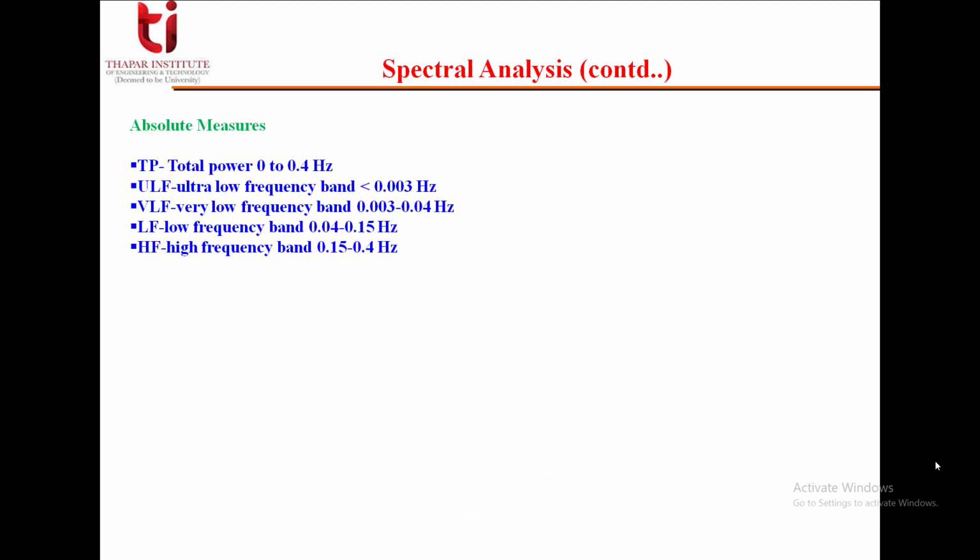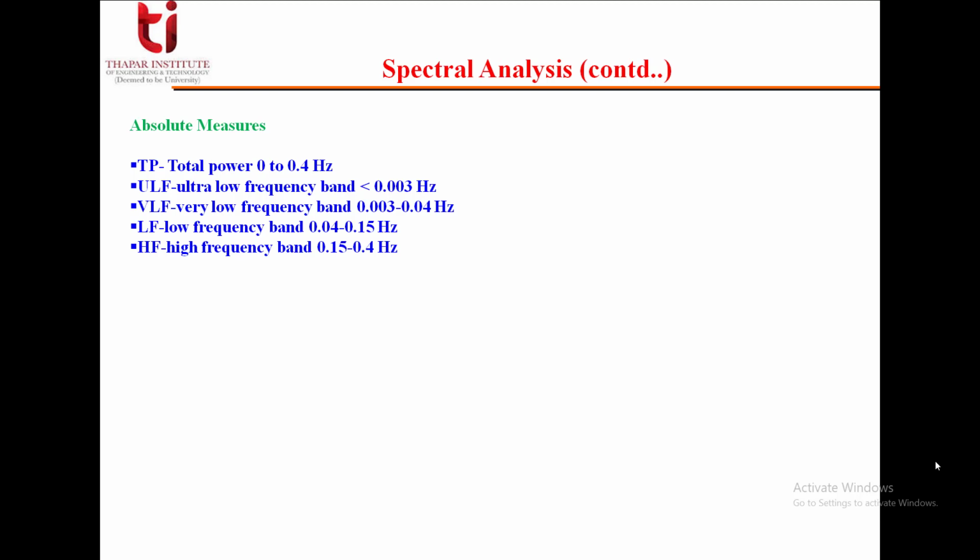We have some absolute measures. Total power is measured in 0 to 0.4 Hz. Then we have the ultra low frequency band, that is ULF, which is less than 0.003 Hz.